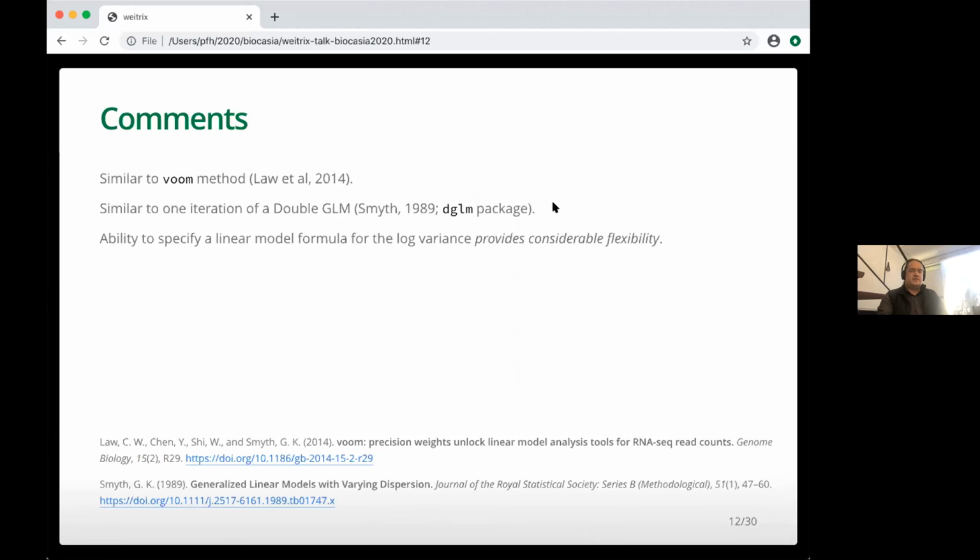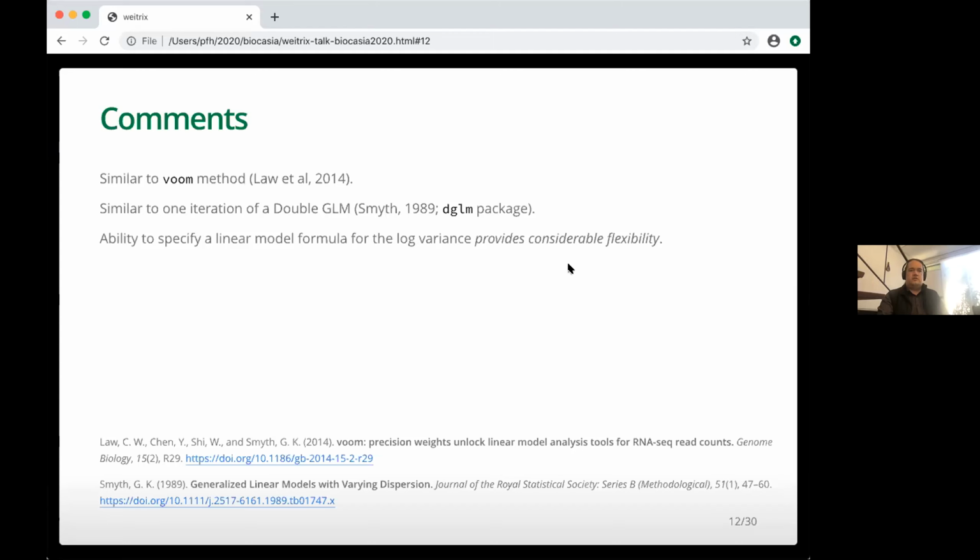It's actually similar to something called a double GLM, like one iteration of a double GLM, specified using these two linear models, the normal design linear model and then this linear model for the variance. And that linear model for the variance gives you quite a lot of flexibility. You could put in factors to do with particular groups of columns or particular rows or whatever you think of.